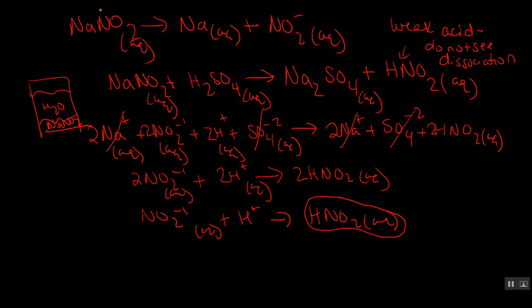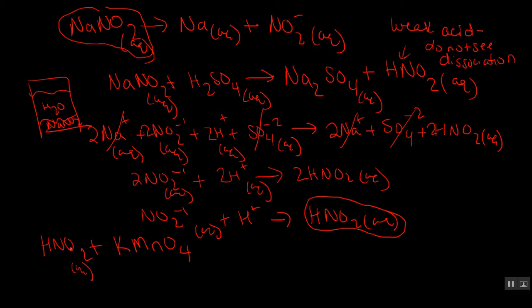So we see where this HNO2 is coming from. We start with sodium nitrite, and as the problem told us, we take that nitrite and get nitrous acid. The question was how, and that's how. Now, the problem tells us that this nitrous acid was then titrated with potassium permanganate, KMnO4.